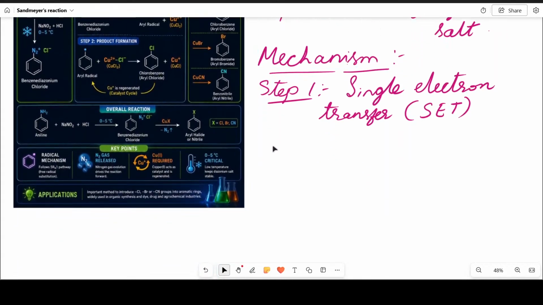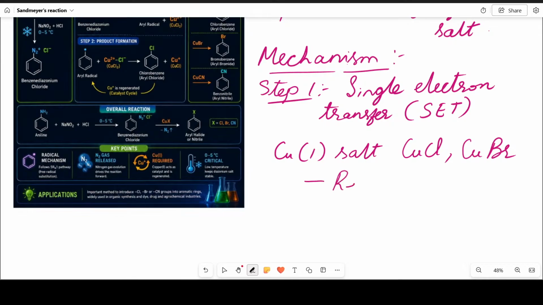Here the Cu1 salt, like CuCl or CuBr, acts as a reducing agent.